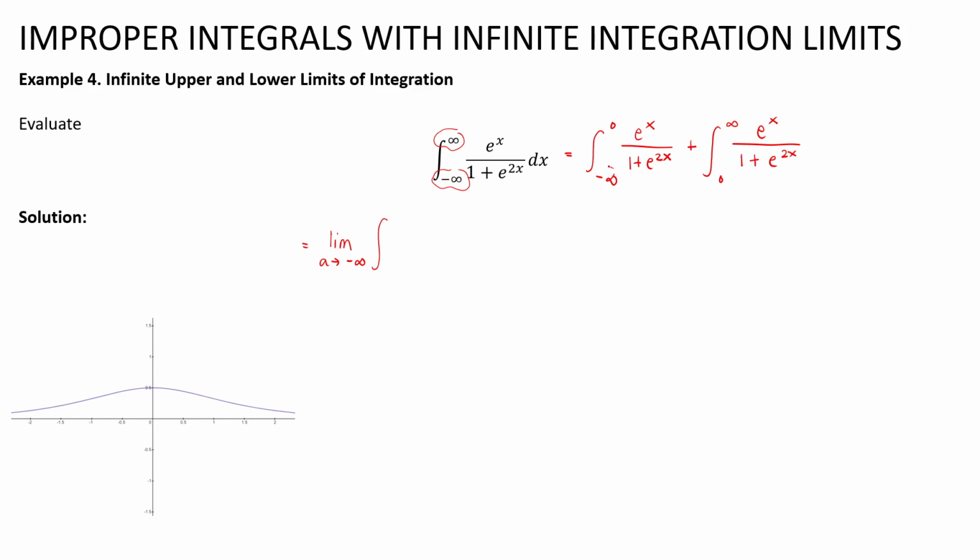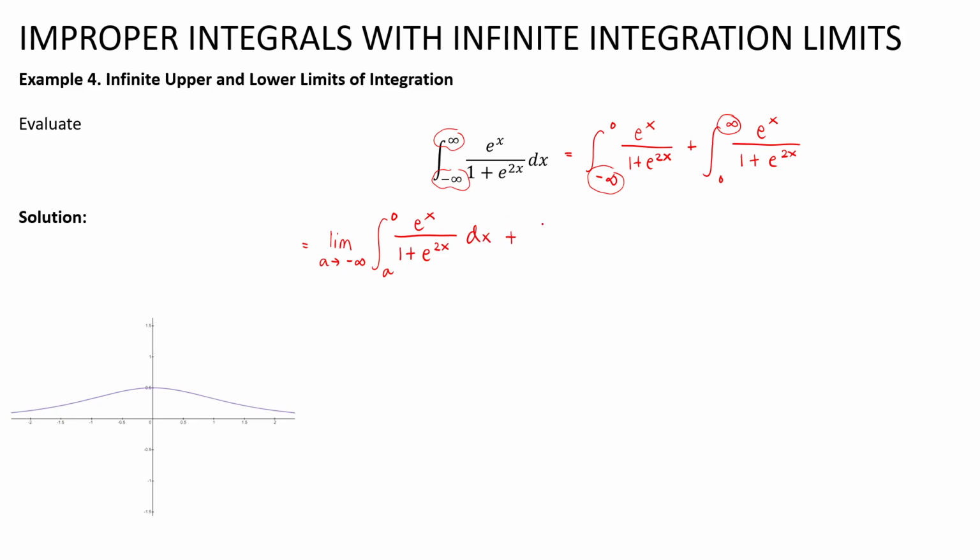So we can now take the infinite limits outside the equation. So this becomes the limit of a approaching negative infinity, integral from a to 0, e to the power of x over 1 plus e raised to 2x dx.